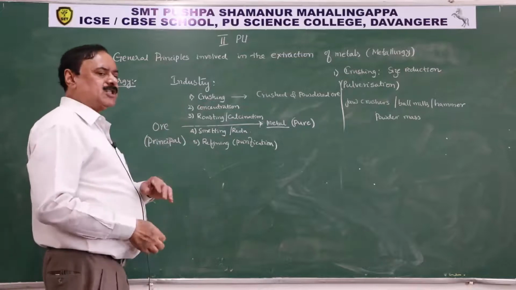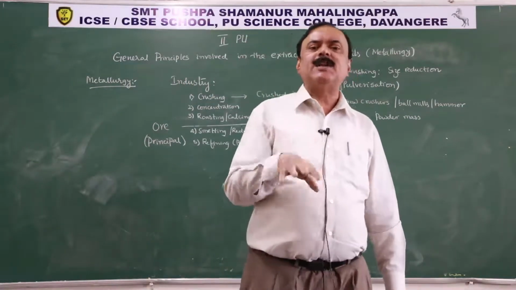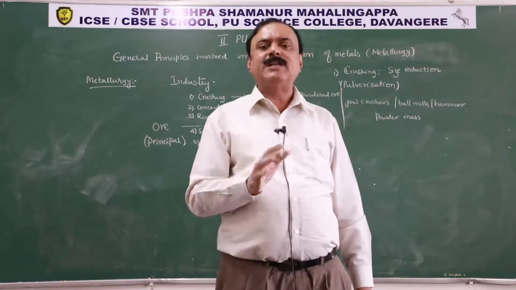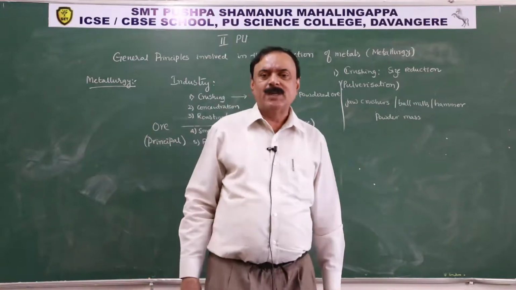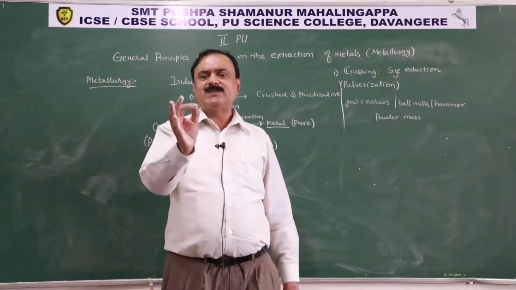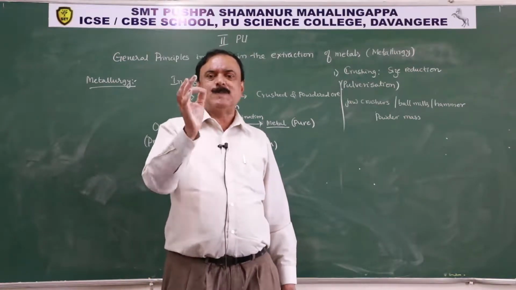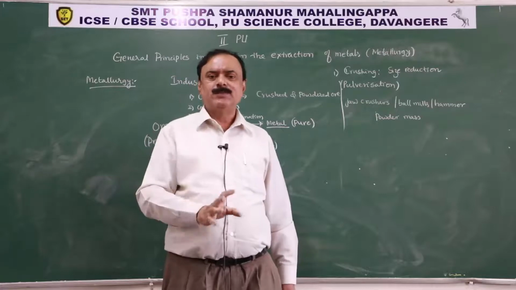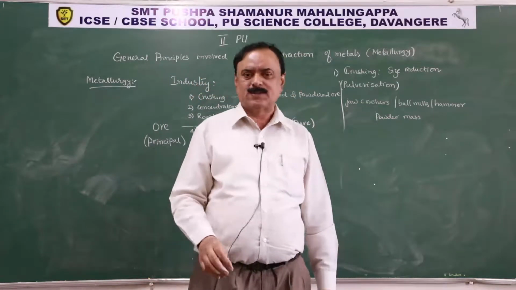Then what do you mean by concentration? As I mentioned, in addition to the wanted metallic compound or wanted metal, the ore contains a considerable amount of unwanted impurities, such as lighter components of the earth, rocky materials, fossil components, limestone, and unwanted metallic or non-metallic compounds.